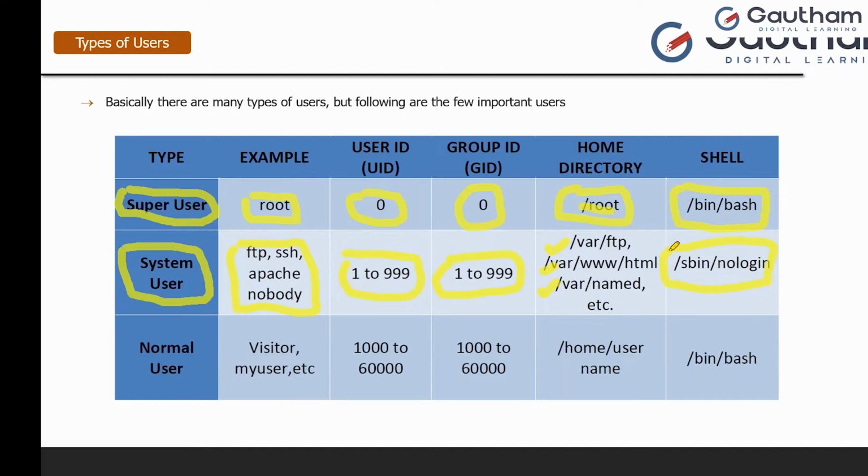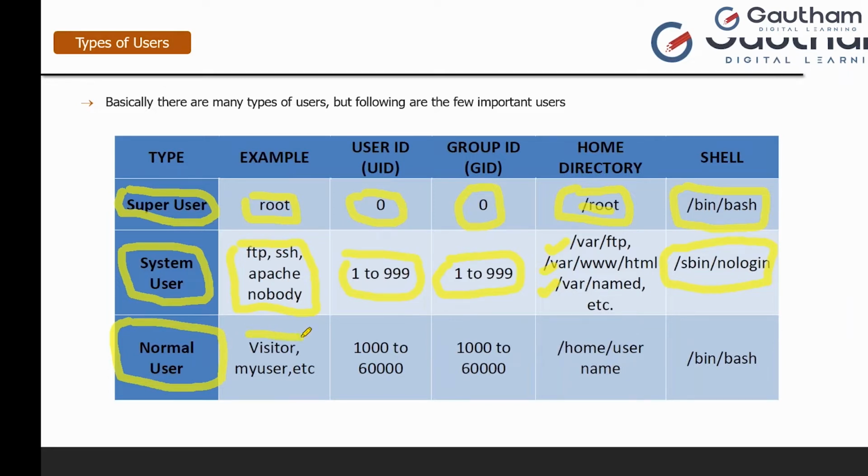These users are available, but only for internal usage. If you try to log in with FTP, SSH, or nobody, it won't allow you to log in even though you have set a password. The reason is every system user will have a nologin shell that prevents them from logging in.